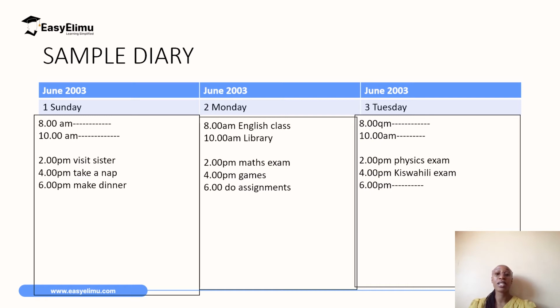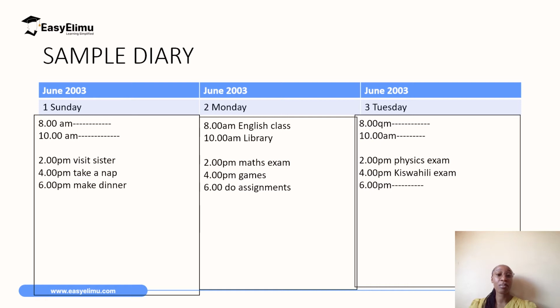So remember, we said in a diary we record events for the future, what you plan to do in the future. The future could be tomorrow, it could be next week, it could be next year, it doesn't matter.